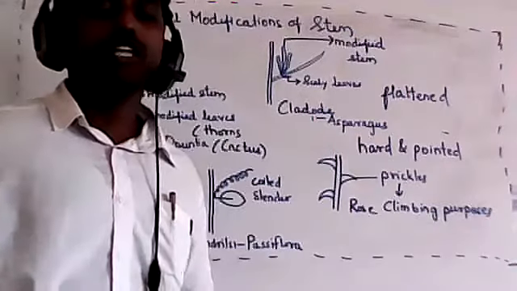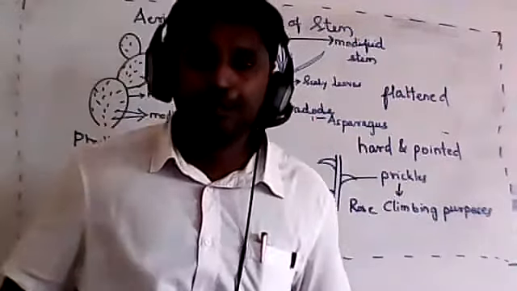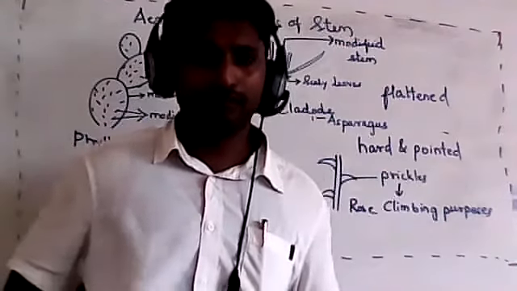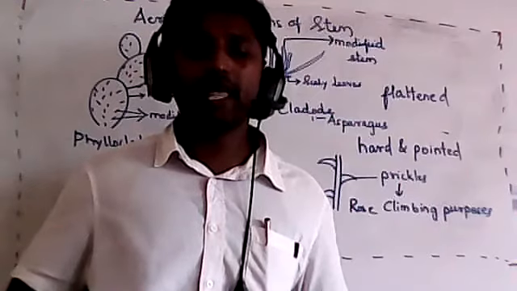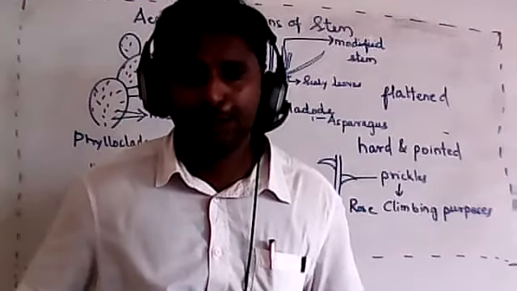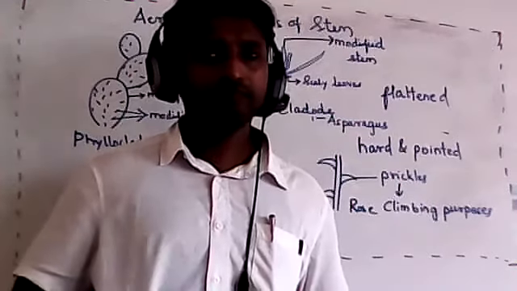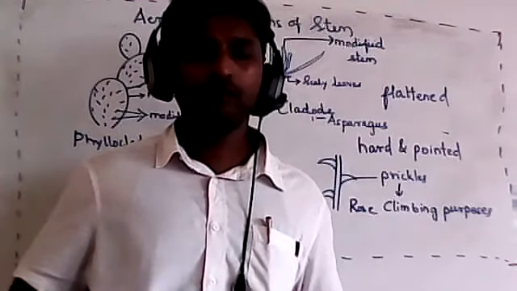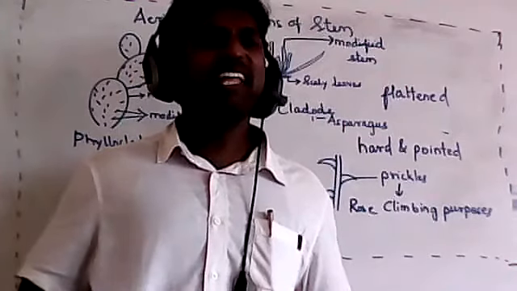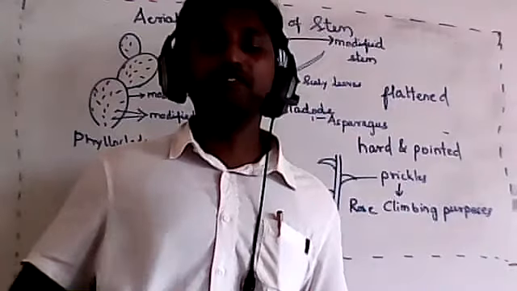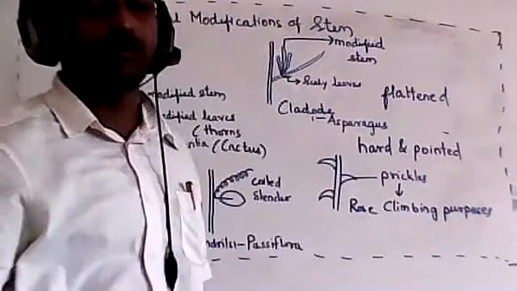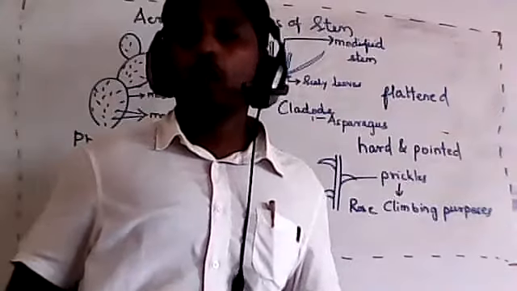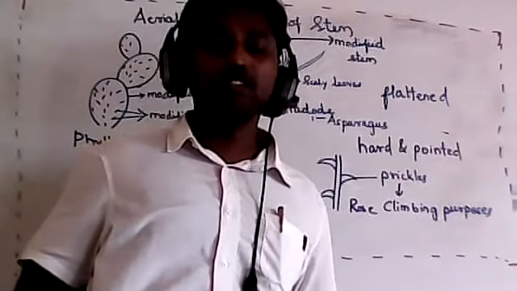Next is stem tendril. Stem tendril. Okay. From the axil of leaves, modified stem arises.